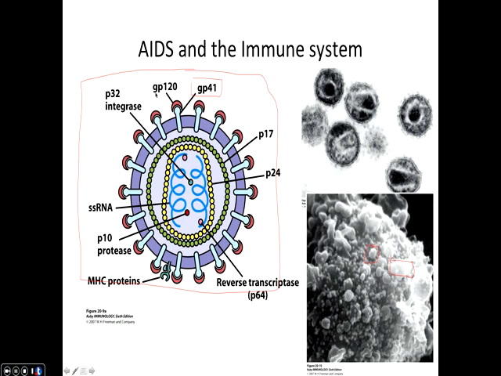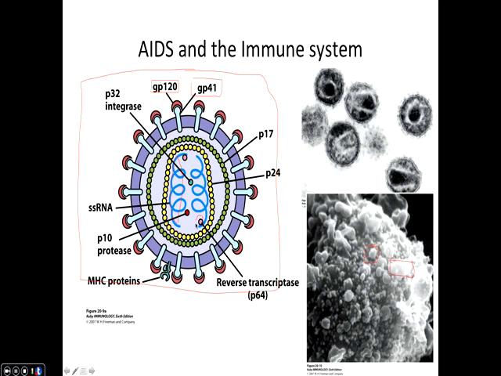It has these GP140, GP120, GP41, which are important for targeting. It actually has MHC receptors, which come from the host membrane. Inside, it's carrying some different proteins and RNA components. So it has its RNA genome, so it's single-stranded RNA, which you're seeing here.